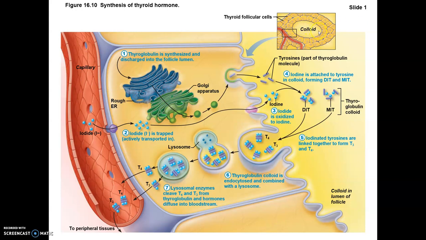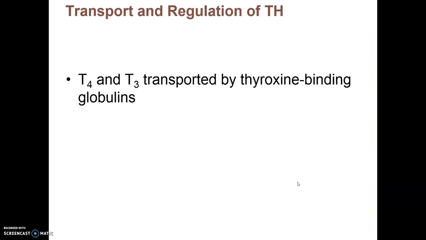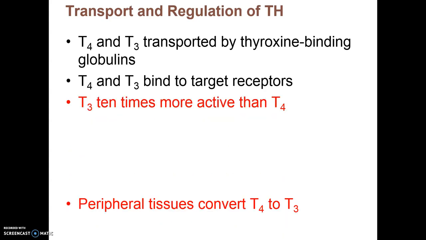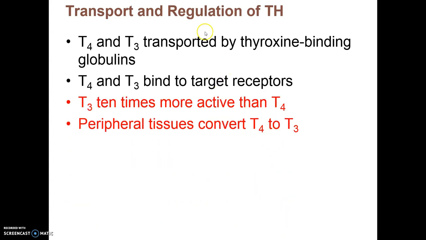This is the way they are showing it. This is the thyroid hormone in the form of colloid, and if we start from here, thyroglobulin is synthesized and iodine is added. You don't need to know all this detail actually. T4 and T3 are transported by a carrier protein, thyroxine binding globulin.